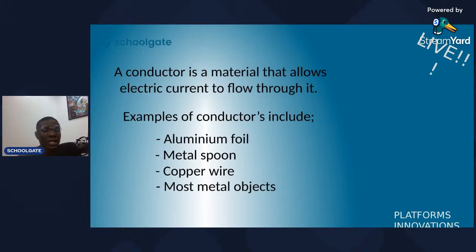We saw a few examples during our Robotics 101 course: aluminium foil is also a good example of a conductor, as are a metal spoon, copper wires, and, like I said, most metal objects.